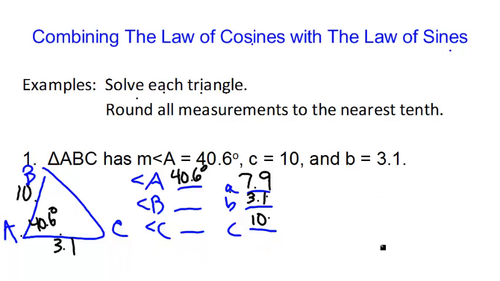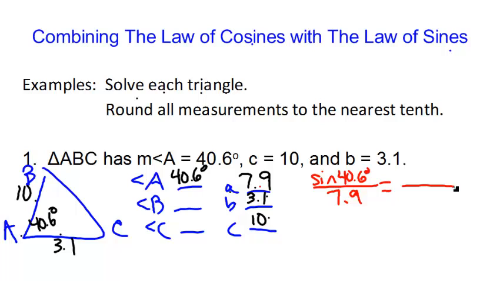All right, the good news is from here, since I now know an angle and the side across from it, I can set up a ratio, or set up a proportion for law of sines. I can say that sine of 40.6 degrees corresponds with the opposite side, 7.9.